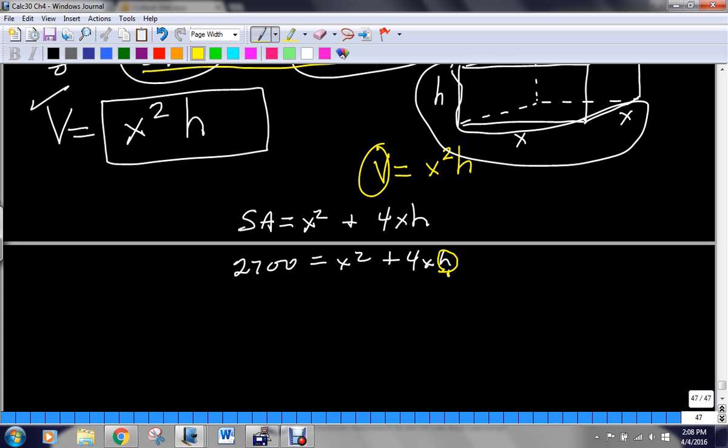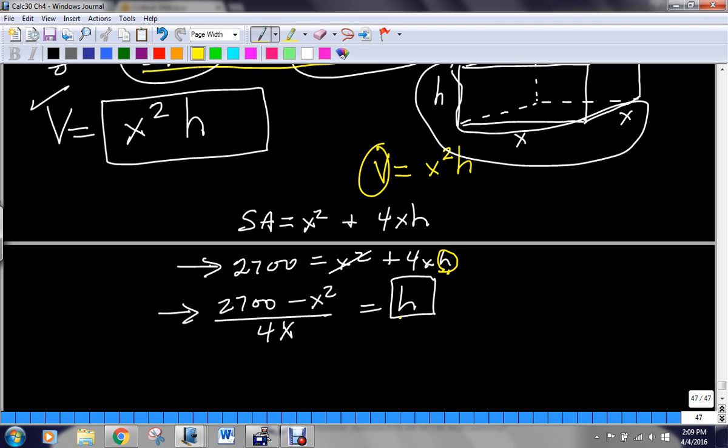So we have 2,700 minus x squared, which gets rid of that, and that equals 4xh. So I divide by 4x. Everyone see that? I've taken this equation and transformed it into this equation, isolating for h.